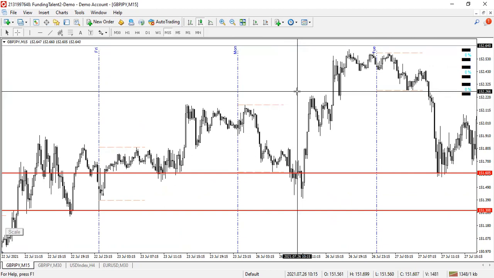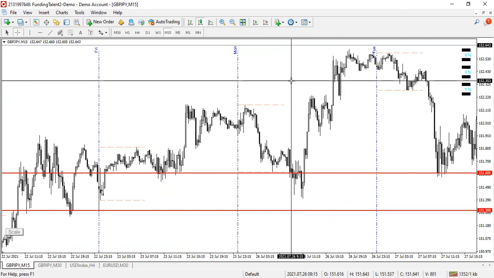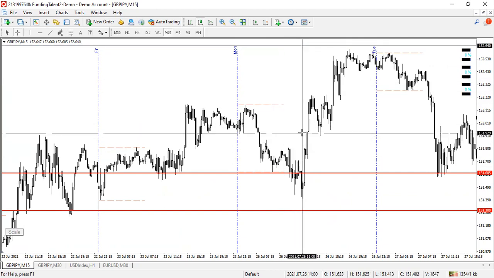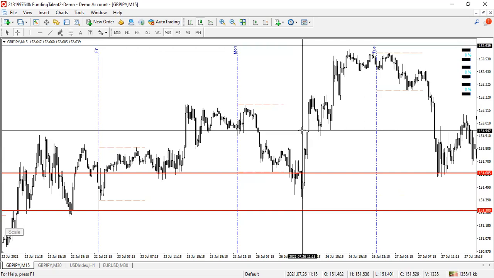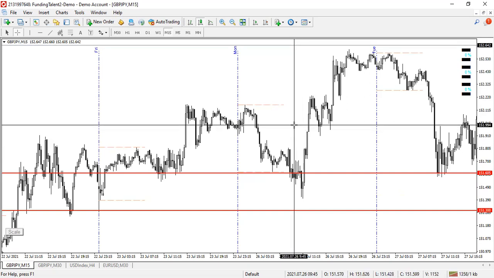I'm trying to teach myself to wait for a retest. We had a nice trade when price came down to retest this zone, because in this first down move, price created the low of the day.